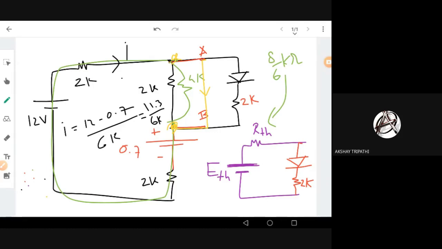Now the voltage is 11.3 divided by 6K into this 2K. The kilos cancel, so this is around 22.6 divided by 6, which is around 3.8 or so. So we take around 3.8. We get E Thevenin as 3.8 something. R Thevenin is also 8 by 6 kilo.